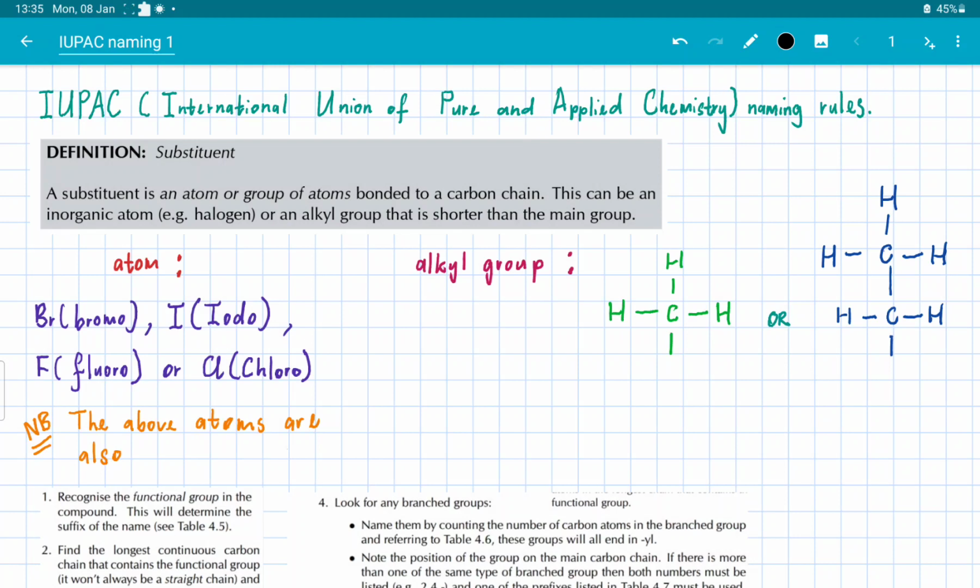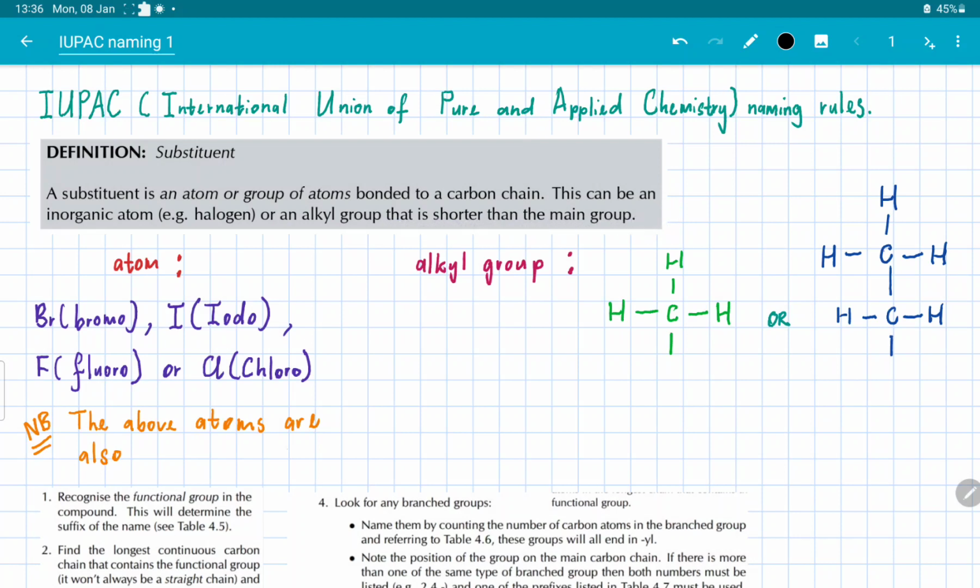So if we read up, a substituent is an atom, or a group of atoms bonded to a carbon chain. This can be an inorganic atom, such as a halogen, or an alkyl group that is shorter than the main group.